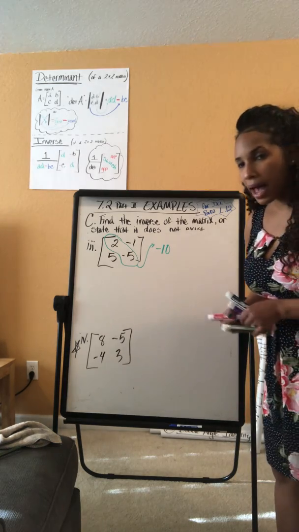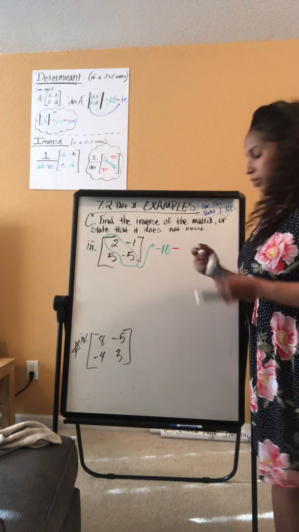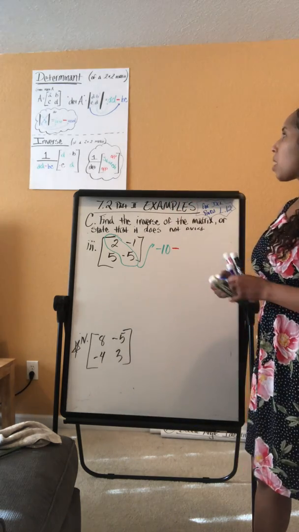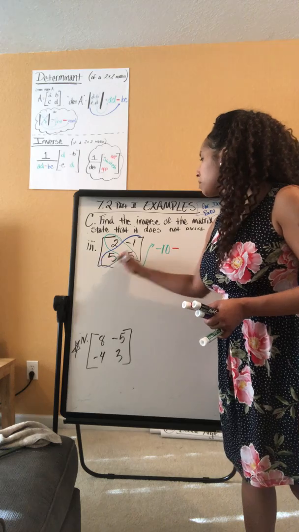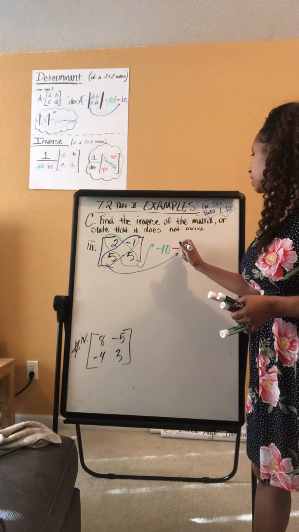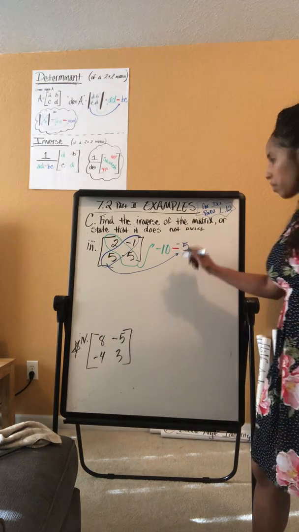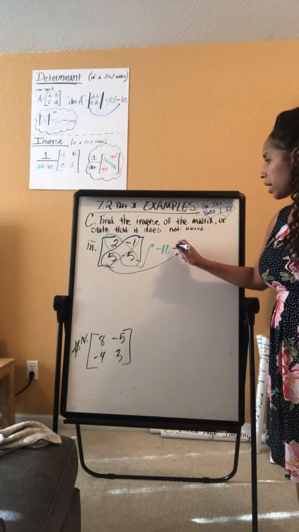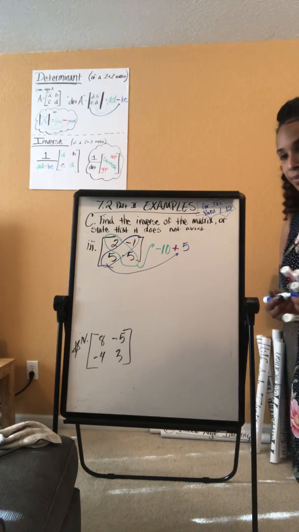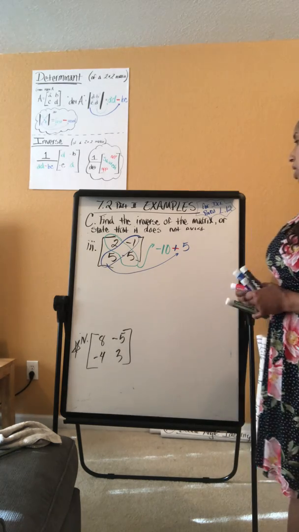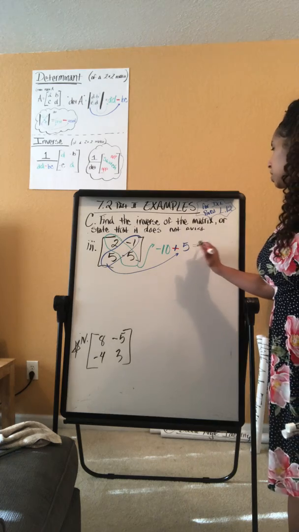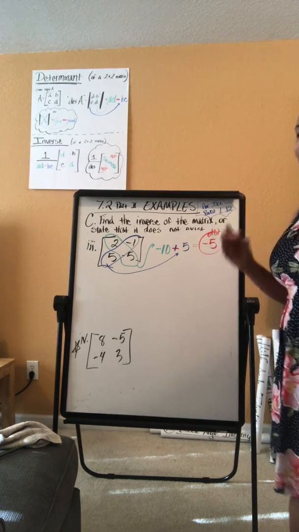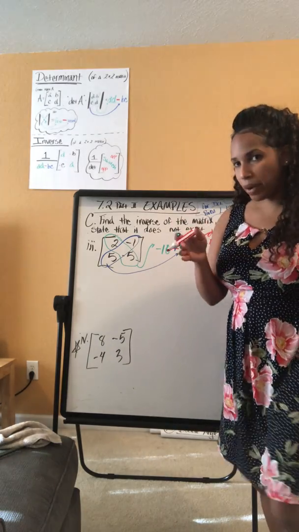I always have a subtraction, because I am taking the difference of the products of the diagonals. And then I want to multiply my -1 times 5. -1 times 5 is -5. And you know what that's going to do. When I have subtraction and a negative, we already know that's going to turn into a plus, correct? So -10 plus 5 gives me a determinant of -5. And that's fine. There's nothing wrong with the negative number. It just can't be 0.